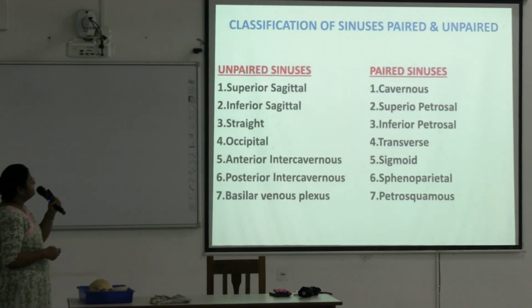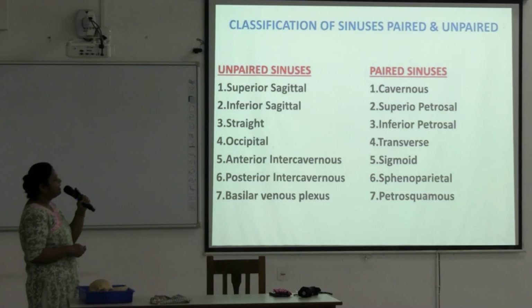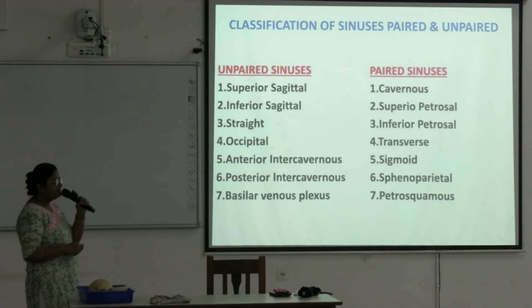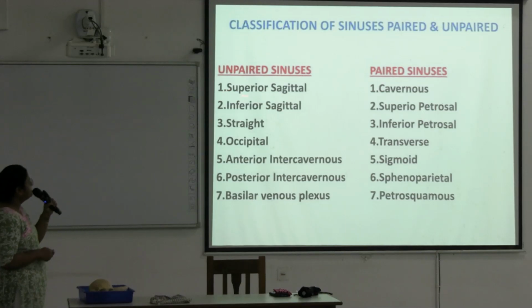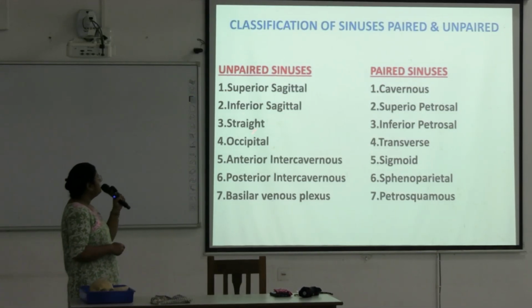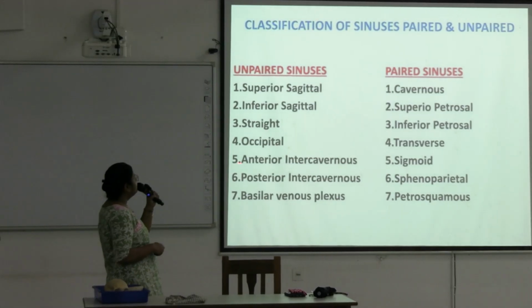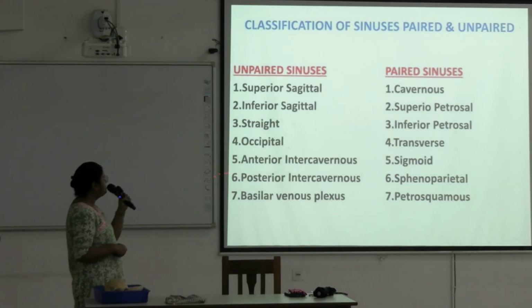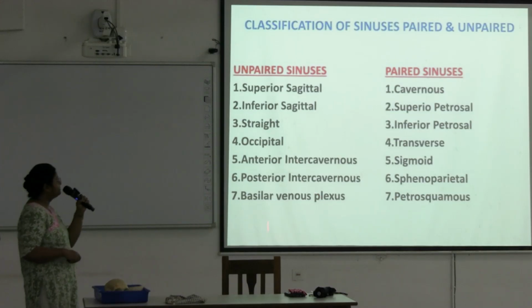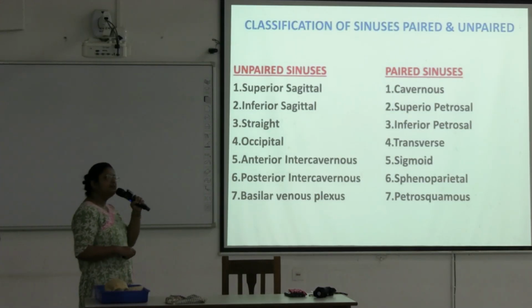So we will classify the sinuses as unpaired sinuses and paired sinuses. Unpaired sinuses are superior sagittal sinus, inferior sagittal sinus, straight sinus, occipital sinus, anterior intercavernous, posterior intercavernous, and basilar venous plexus. So these are unpaired sinuses.